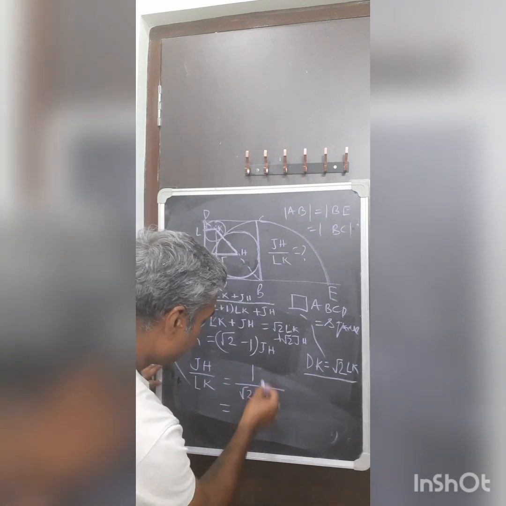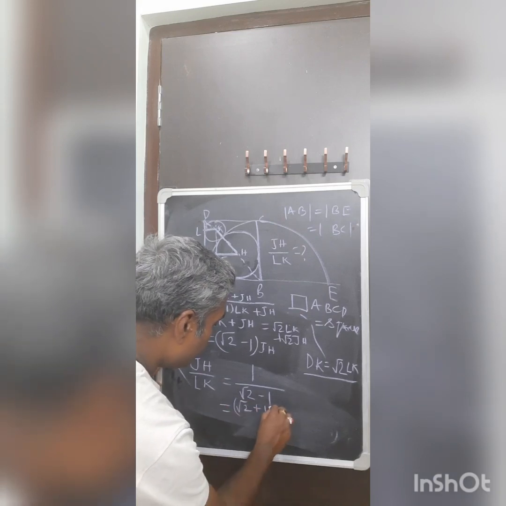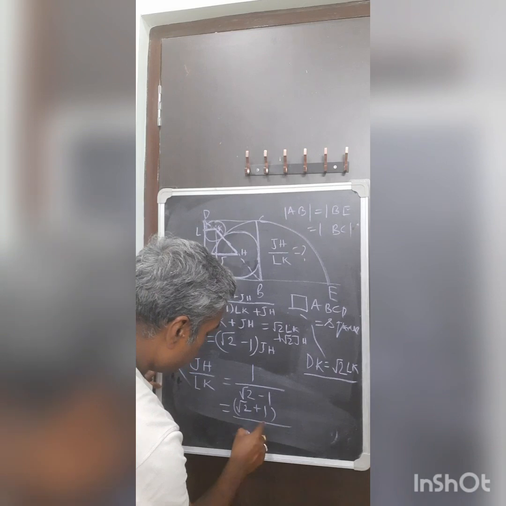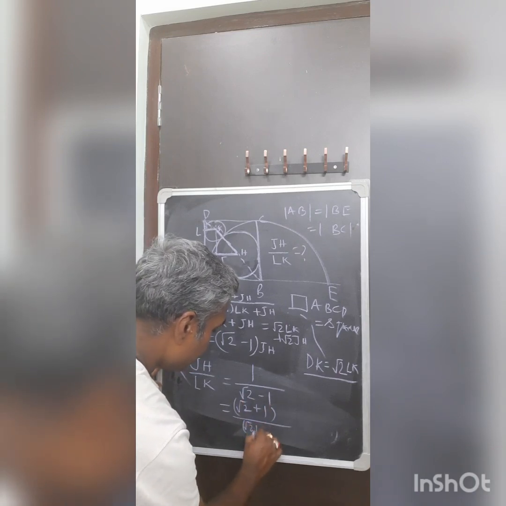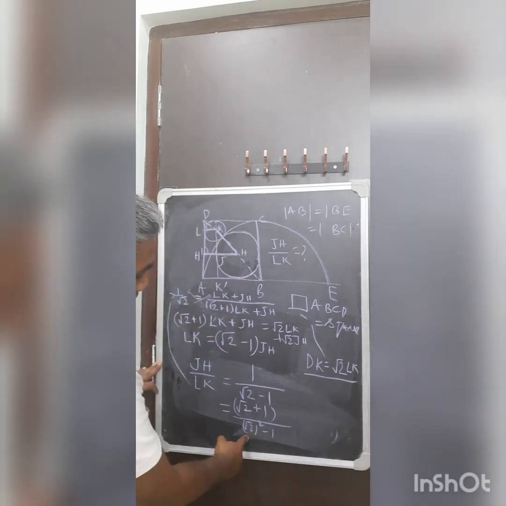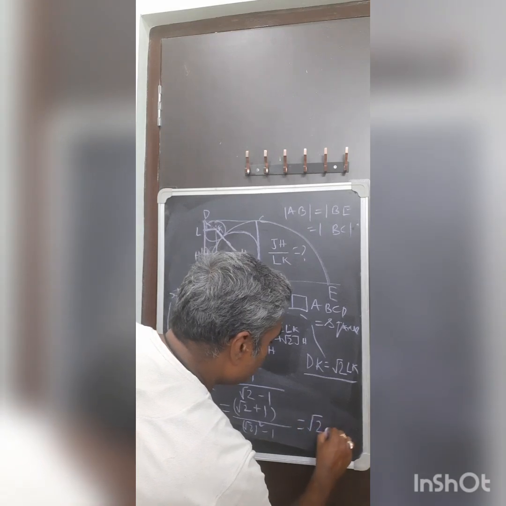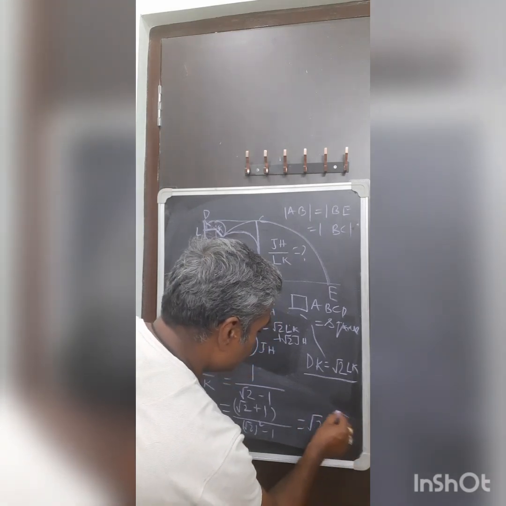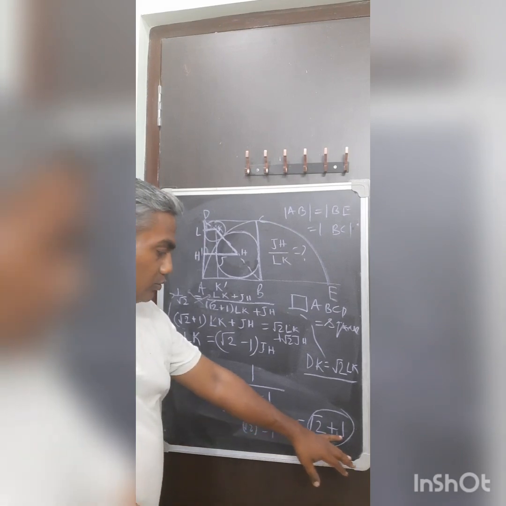So if I make some calculation and multiply with root 2 plus 1 at the denominator, this becomes root 2 whole square minus 1. Root 2 whole square means 2, minus 1 is 1. So it will remain as root 2 plus 1. So this is your ratio. JH upon LK is equal to root 2 plus 1.